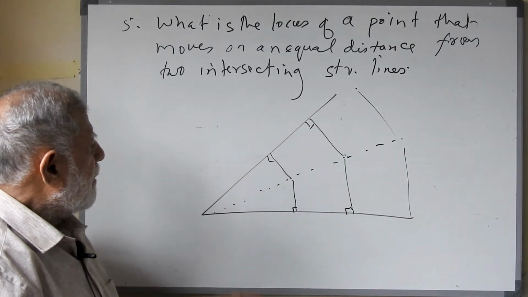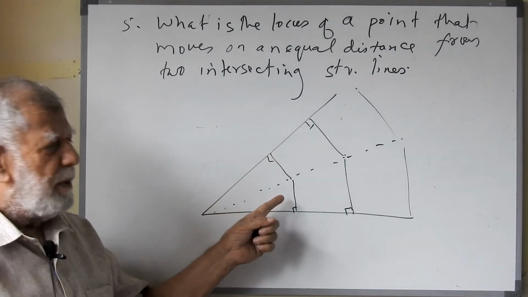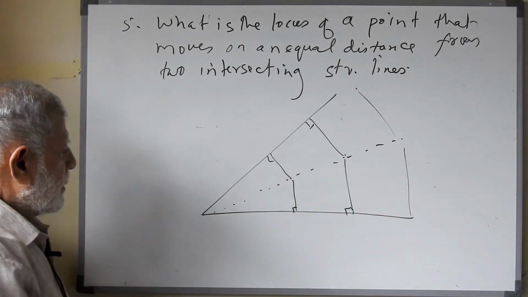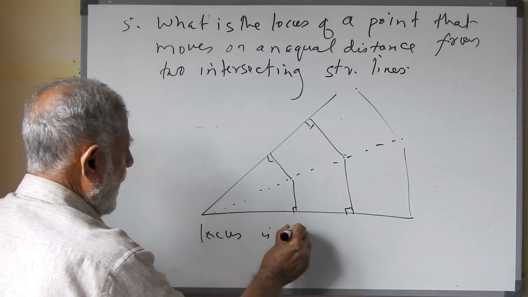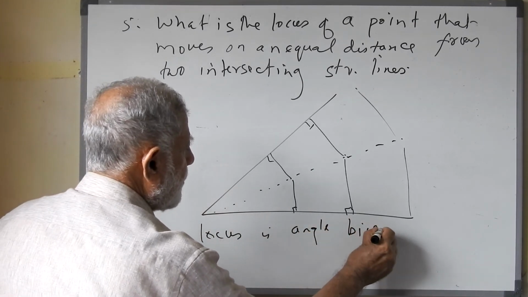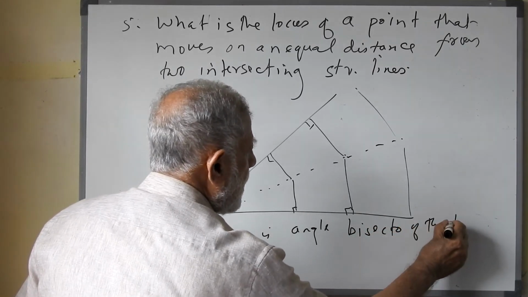That is, the locus of the point which is equidistant from two intersecting straight lines is the angle bisector of the two straight lines.